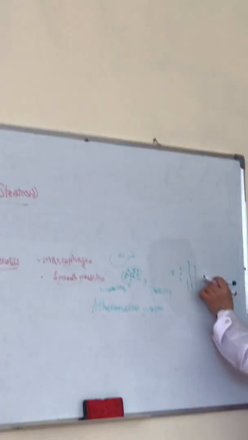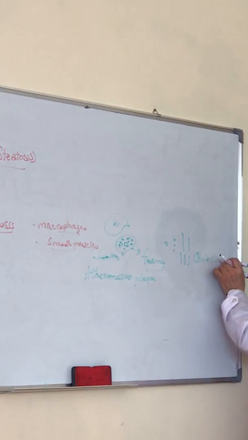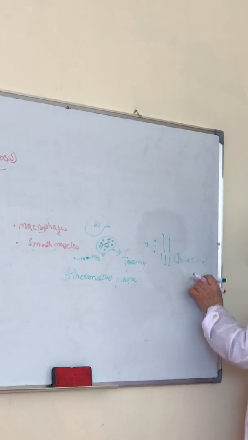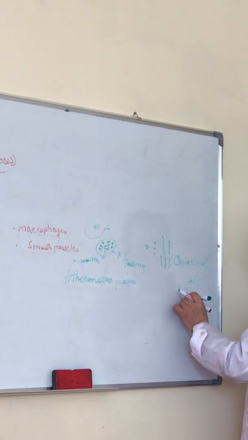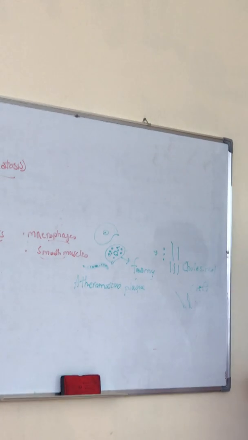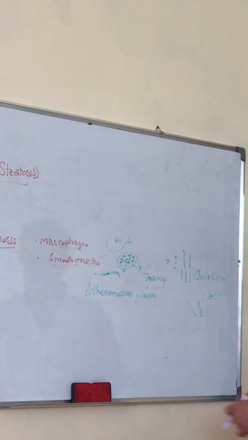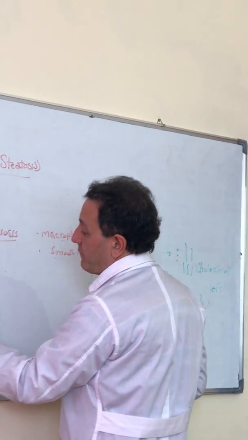We can see cholesterol clefts. They are empty spaces that can be seen in tissues due to extracellular cholesterol. So this is atherosclerosis.